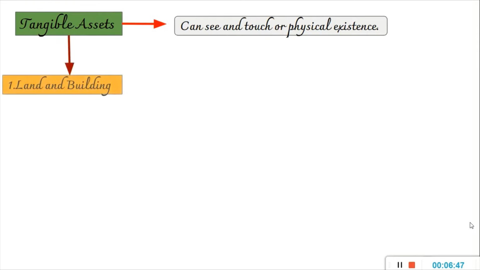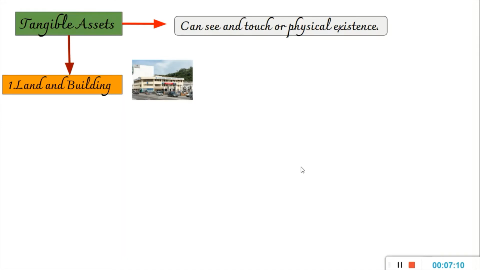It's one of the main assets of a company, right? So land and building are tangible, long-term assets that companies use and benefit from over a period of time, right? They are tangible because they have a physical form, isn't it? So land and building we are using for a long period of time. That is why they are tangible assets.